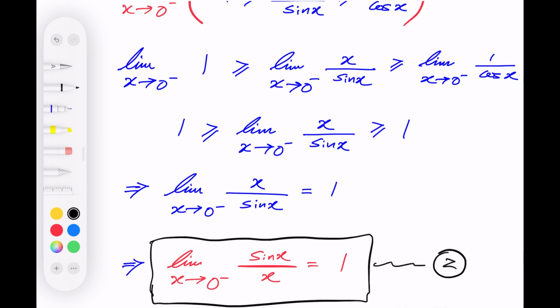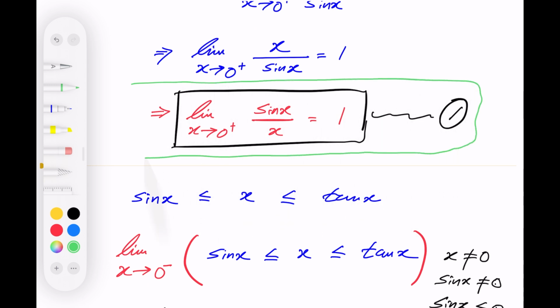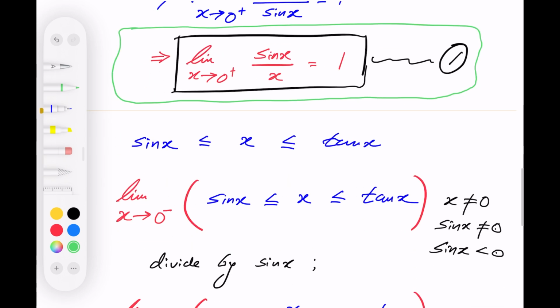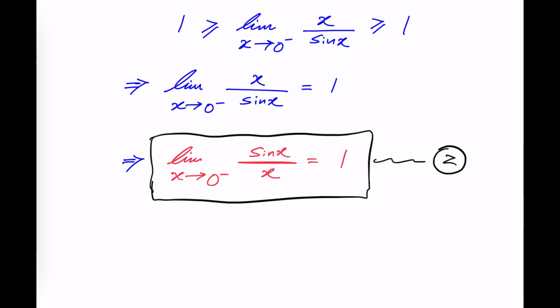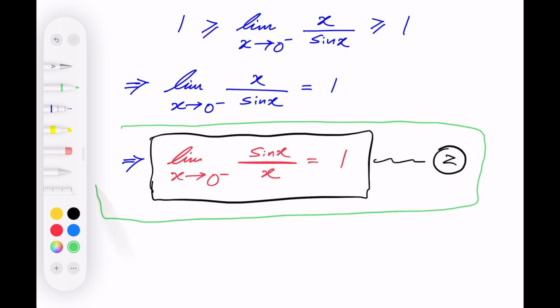Let's go ahead and revisit equation number 1. In equation number 1, we proved that limit x approaches to 0 from the right hand side sine x over x is equal to 1. Under equation number 2, we proved that as x approaches to 0 from the left hand side sine x over x is equal to 1.